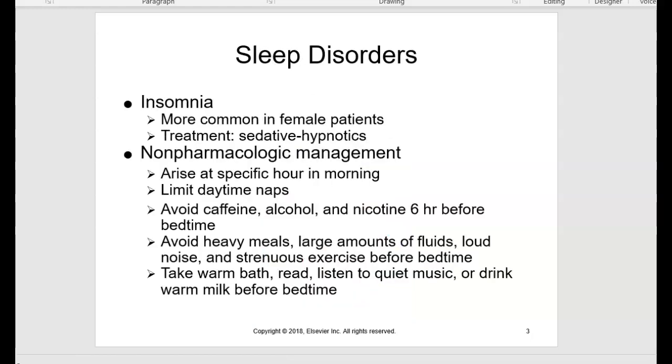Before medications are used to treat sleep disorders, non-pharmacologic management should be tried by the patient. So we'd want to, as nurses, be teaching our patients these tips to help promote sleep.